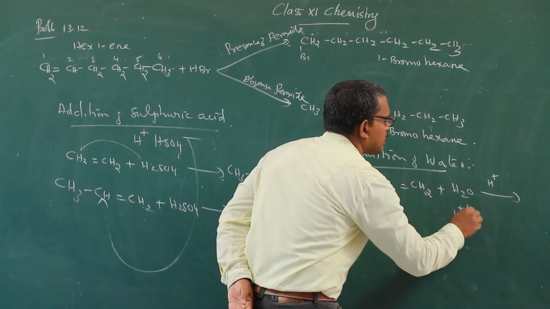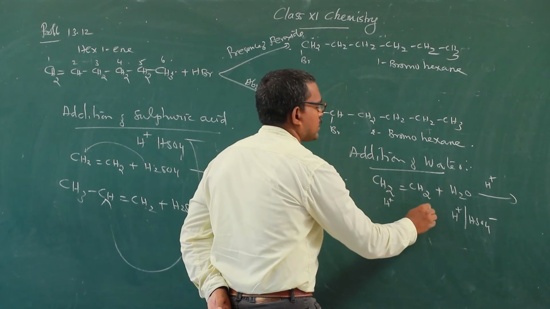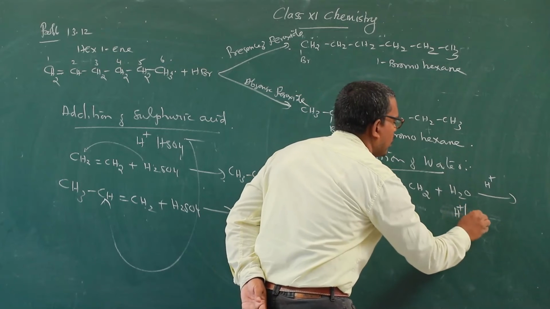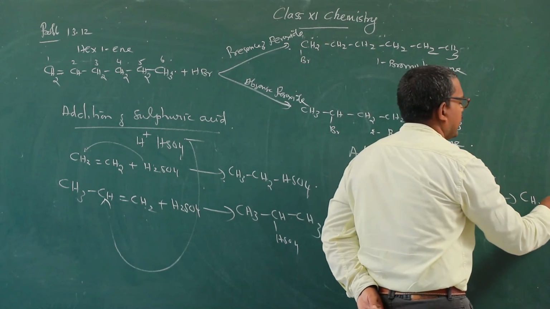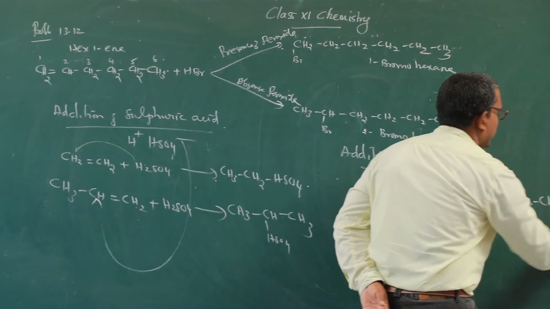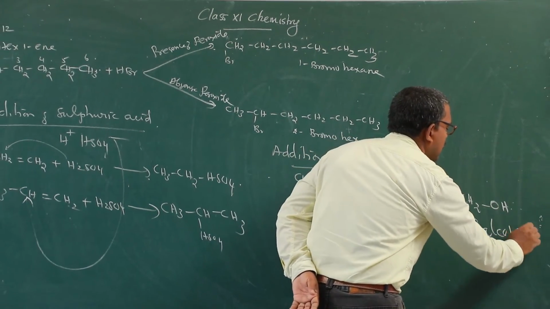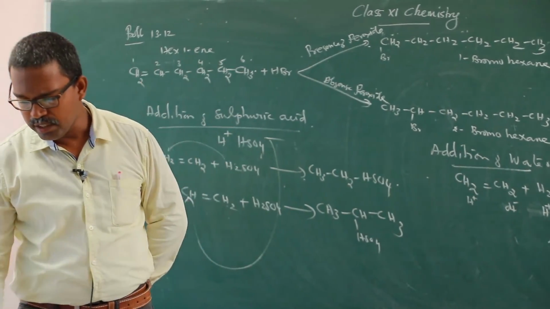Here also H plus and OH minus: H plus is added here and OH minus is added here. So CH3CH2OH, ethyl alcohol is the product, from addition of water.